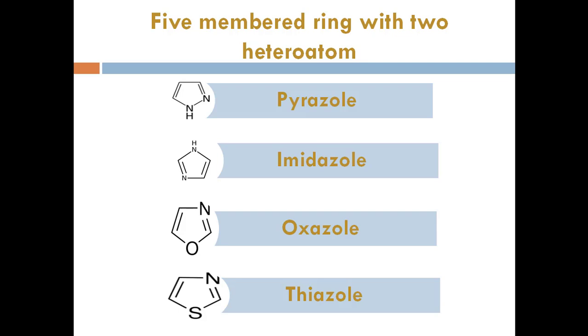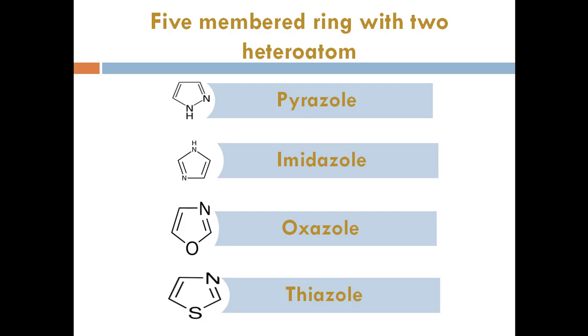Now see, if there are 2 heteroatoms in the structure, then consider the relative position, right? If the relative position of the heteroatoms changes, then the compound will change. See the example of pyrazole and imidazole. Both are 5-member rings with 2 heteroatoms that are nitrogen, right? 5-member rings with 2 nitrogen atoms.